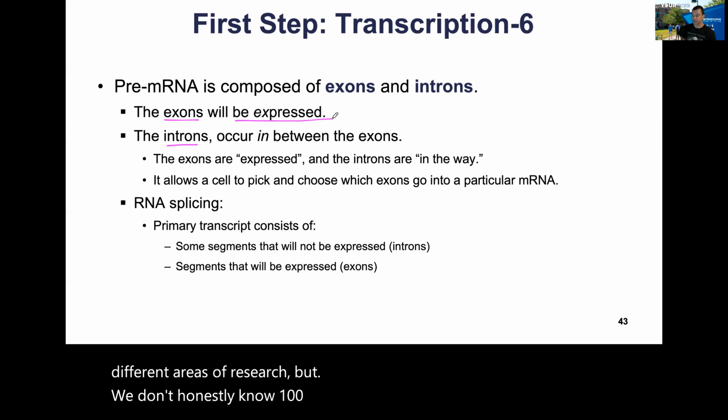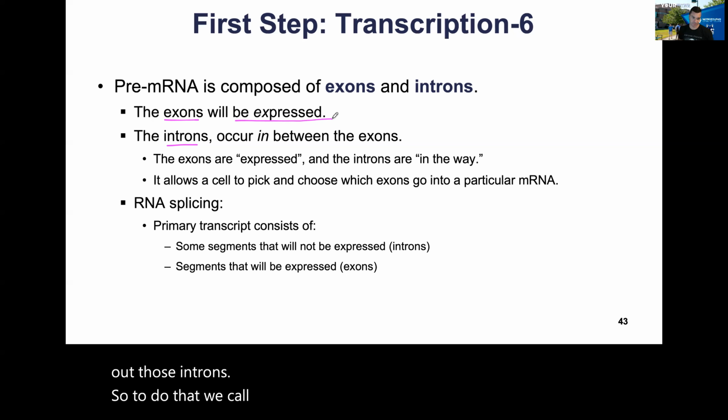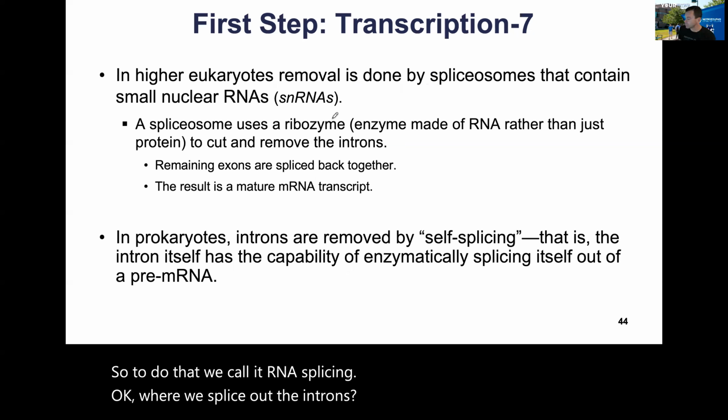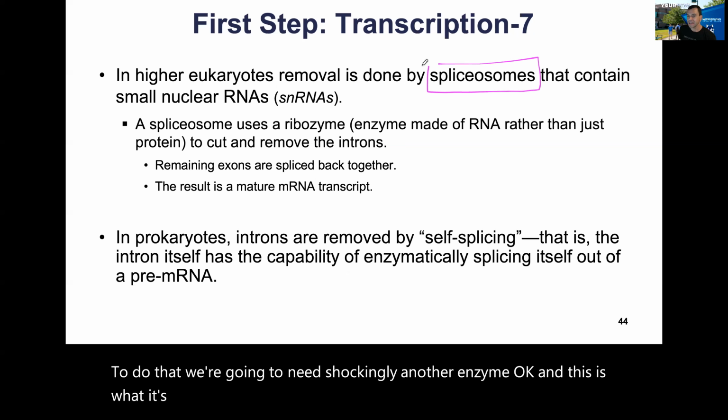So we need to splice, we need to cut out those introns. We call it RNA splicing, where we splice out the introns. To do that, we are going to need, shockingly, another enzyme, and this is what it's called: a spliceosome.